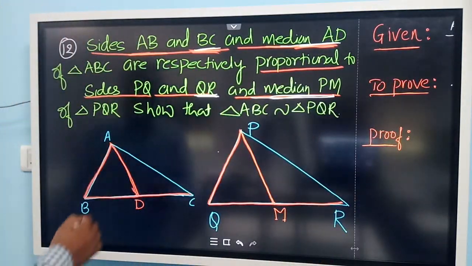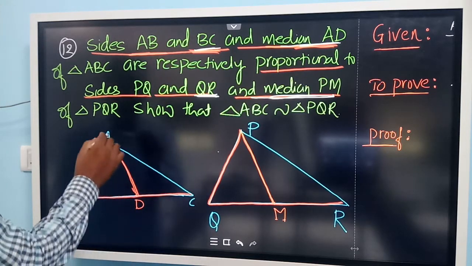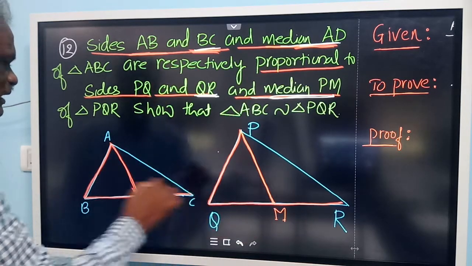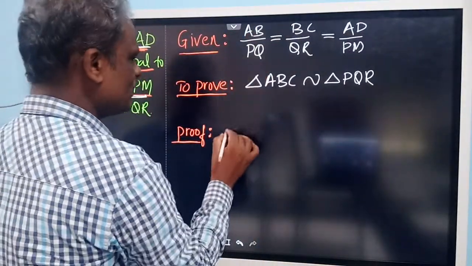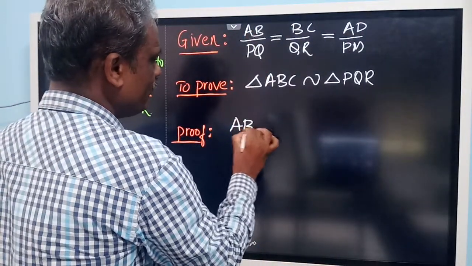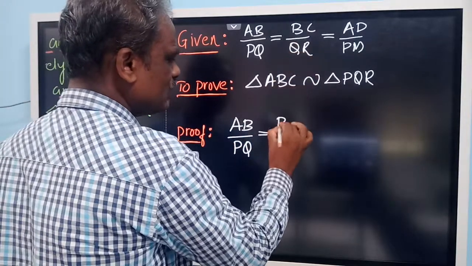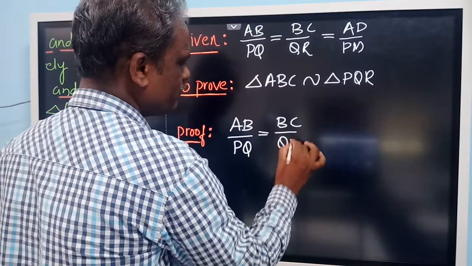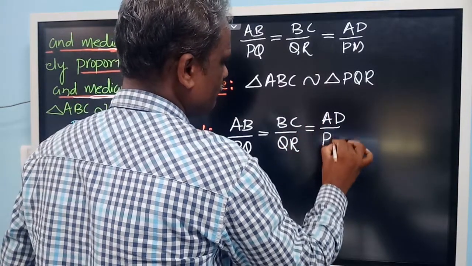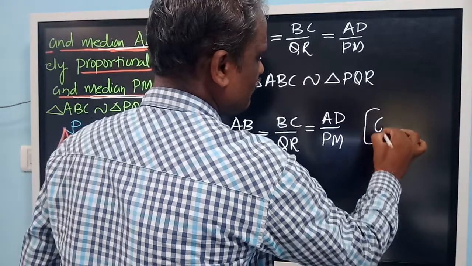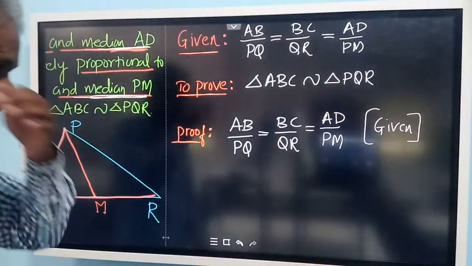Given AB by PQ, BC by QR, AD by PM, let us use that. So once again, what is given, I will write here: AB by PQ equals BC by QR equals AD by PM. This is given.